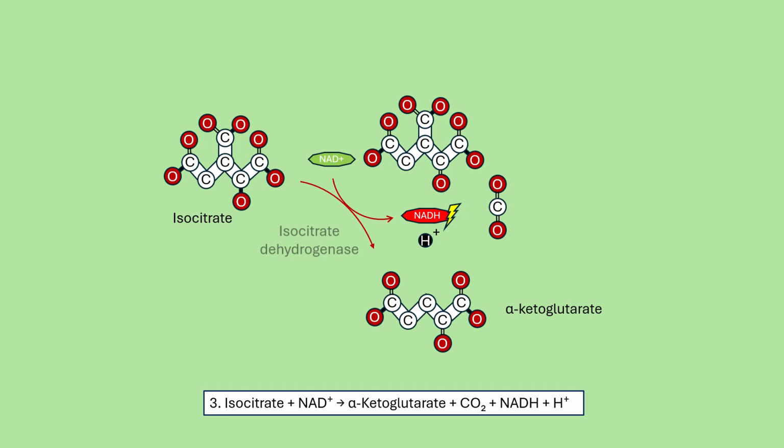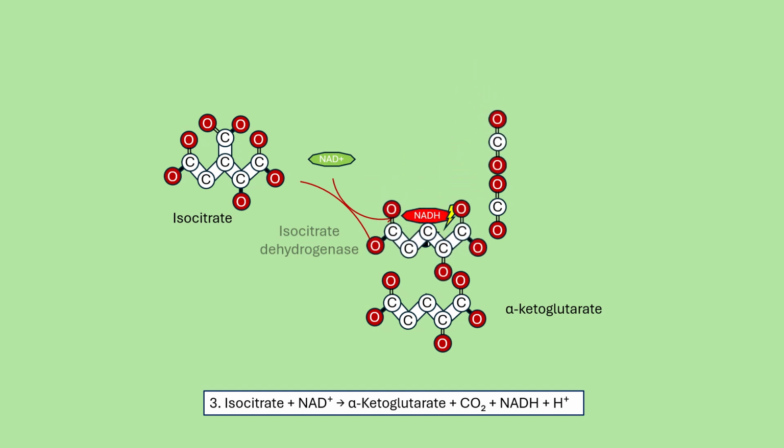So it loses a hydrogen and gains a double bond. Next, it decarboxylates and forms carbon dioxide, which is a waste product. So now we have a 5-carbon alpha-ketoglutarate.